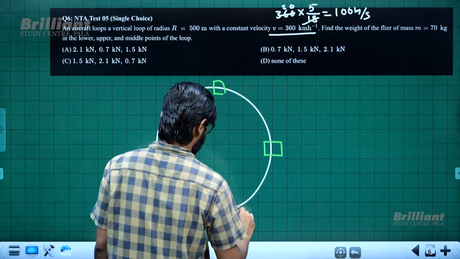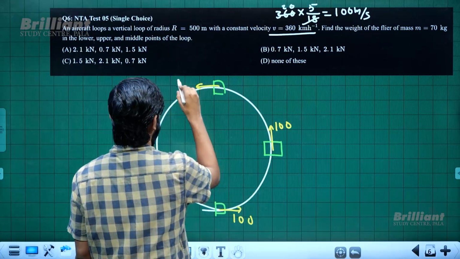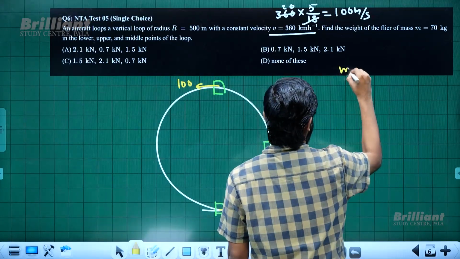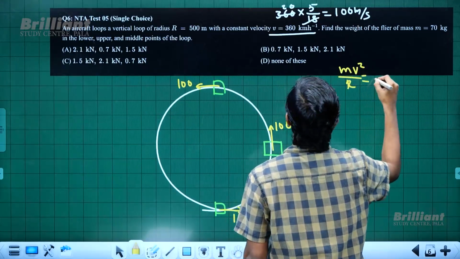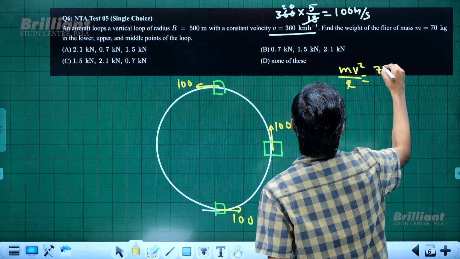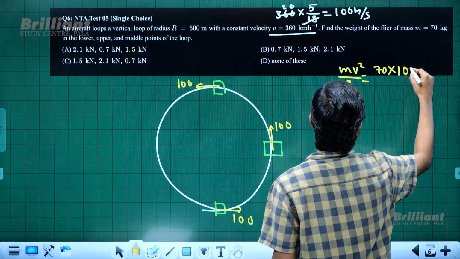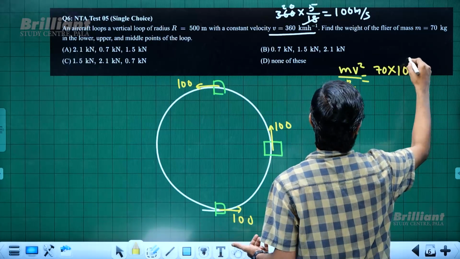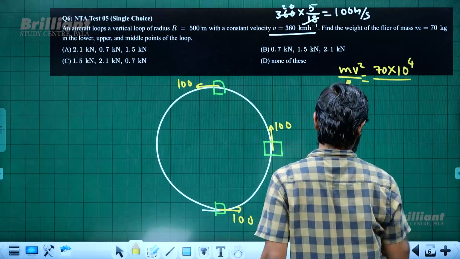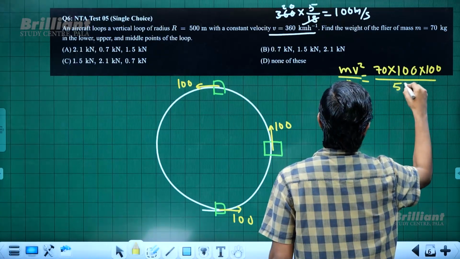So here the speed is 100, here the speed is 100, here the speed is 100. So let us try to find mv square by r in the first place. mv square by r will turn out to be how much? M is 70 into v square, 100 square, which is 10 power 4, by r, which is 500.